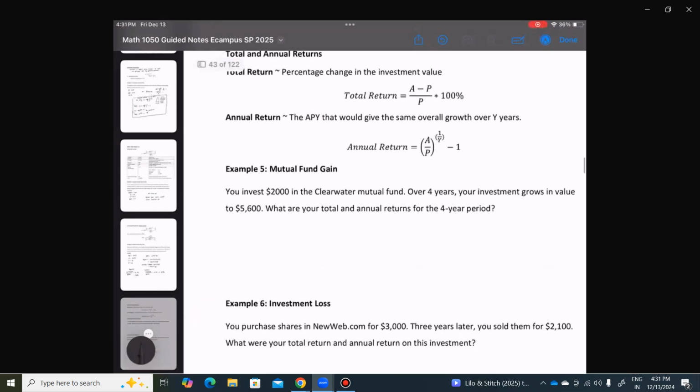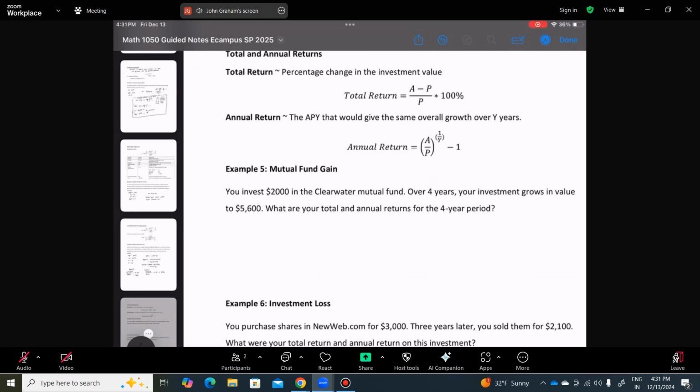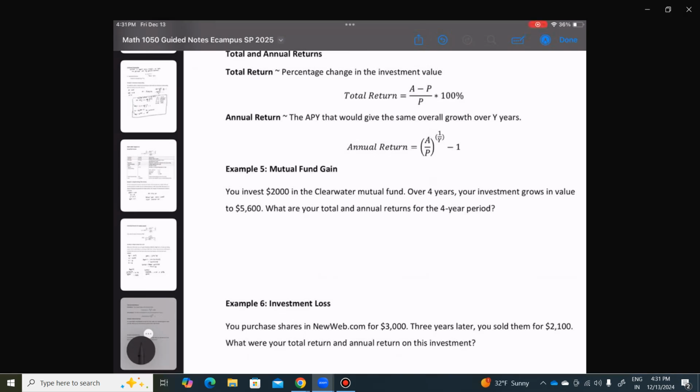Let's say we invest $2,000 in a mutual fund. Over 4 years, your investment grows in value to $5,600. Find your total and annual returns for the 4 years. Your total return: you went from 2,000 to 5,600, so 5,600 minus the 2,000, over the 2,000, your beginning amount.